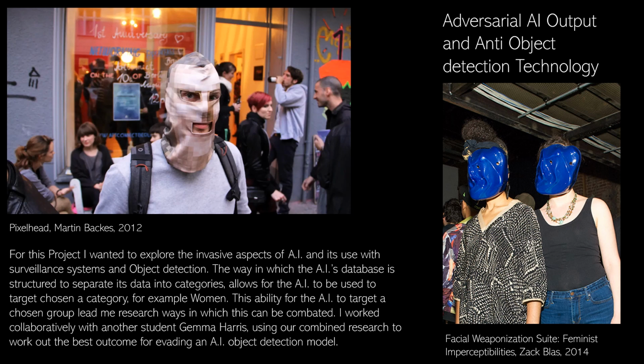But with this categorization structure of the database, it's very easy for the AI to focus and target a specific category, and obviously that's a bit contentious for a machine to be targeting specific groups. And so for this project, I want to explore different ways of evading this new kind of AI technology and creating different ways in which people can protect their privacy out in public.